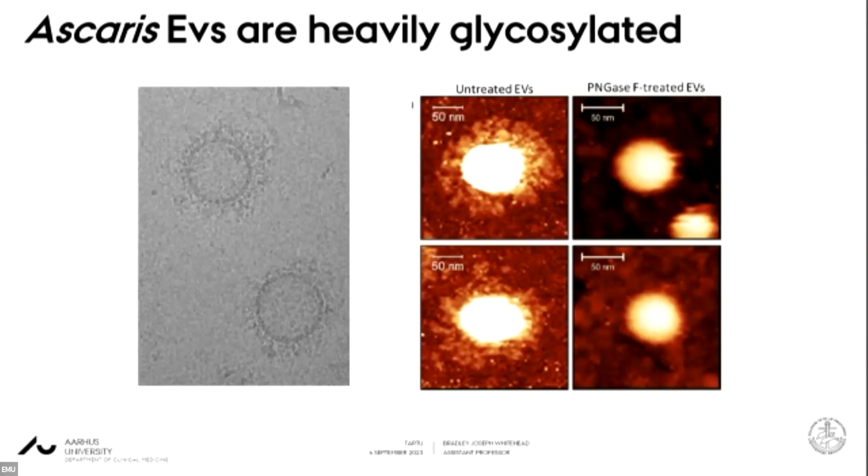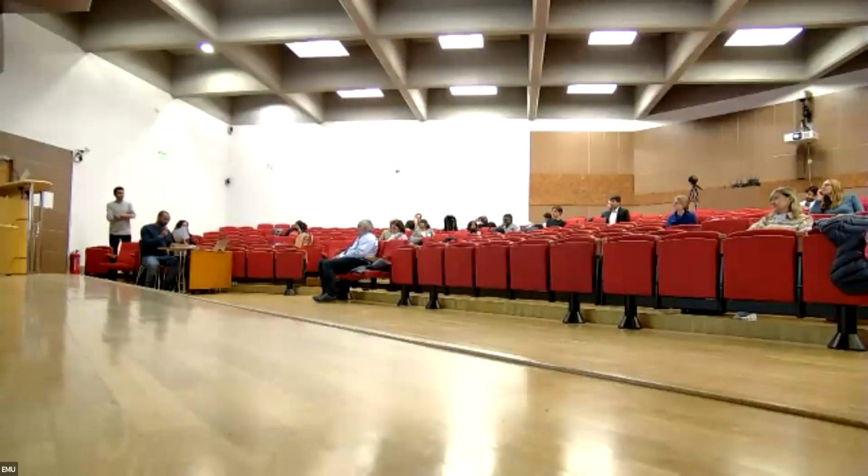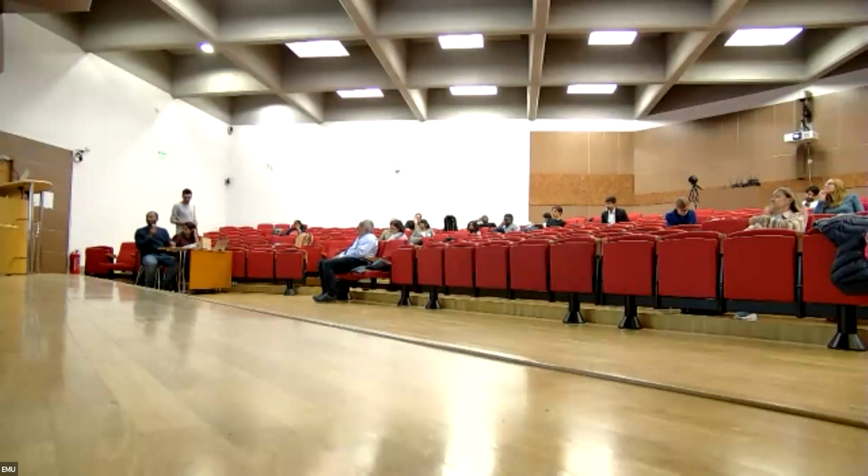Any more questions? Okay, actually, I have one question. In the previous part, the Ascaris EVs had more immunomodulatory effect compared to the later one with Trichuris suis. What do you think is the reason we don't see any effect? I think it's because of where they live in the host.